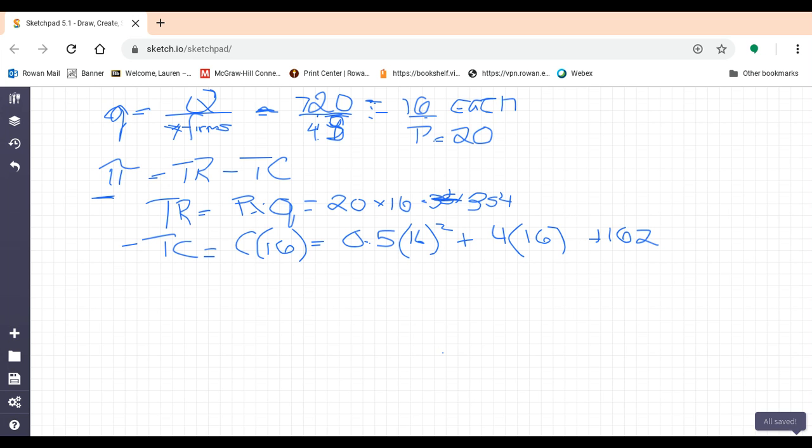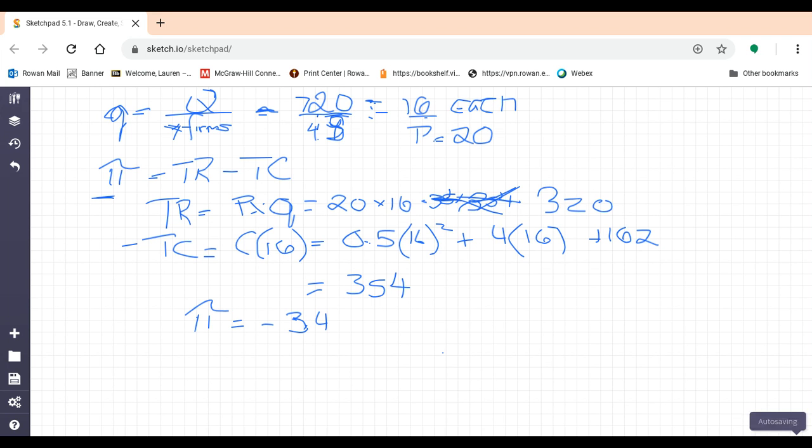So this represents the whole total cost for each firm, and if we solve this, we get that the cost is 354, and so our profit, I'm sorry, this should be 320. Some of you might be looking at this and a little confused. Not 354. We subtract the 2. Profit does come out negative.